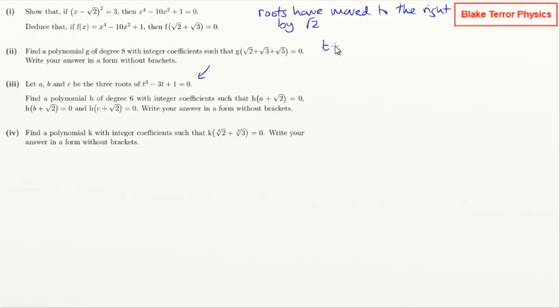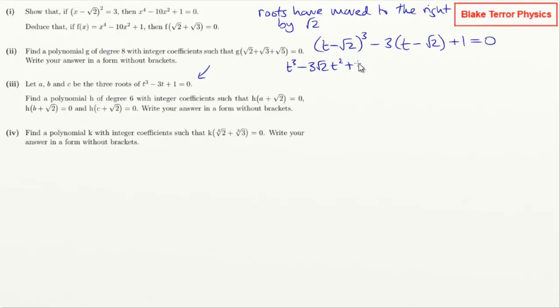So we can say that we've got t minus root 2, because we want to move it off to the right, cubed, minus 3 times t minus root 2, plus 1 is equal to 0. So I'm going to have to expand it out. Nice. I'm going to have t cubed. Then I'm going to have a minus 3 root 2 t squared.